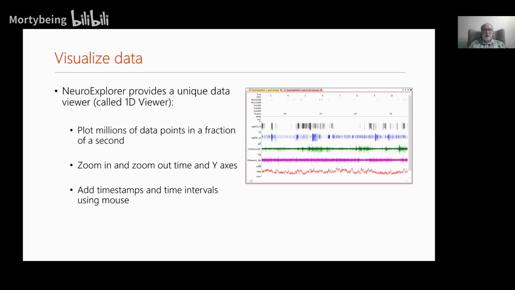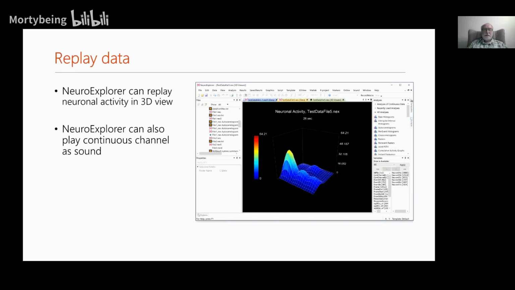Visualization will go with what you can do with the 1D viewer. Replay is for when you record from, say, a cell culture or a surface with the known position of electrodes.